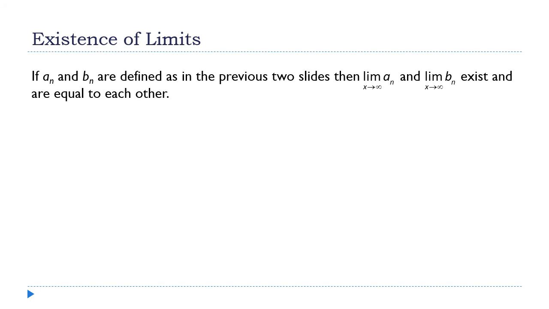All right, now I can show that these limits exist, and since we're at it, that they're equal to each other. So I'm going to start with this a sub n and b sub n. It's going to be the same sequences that we had on the previous two slides.